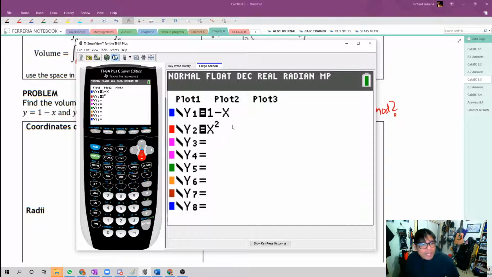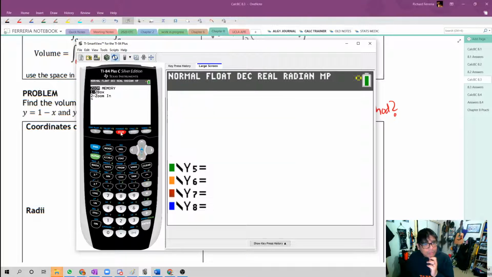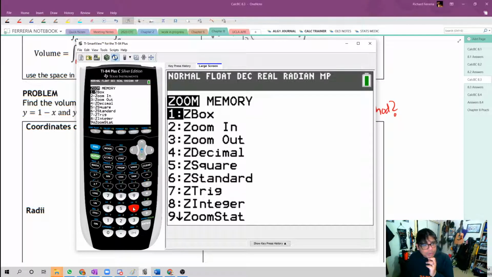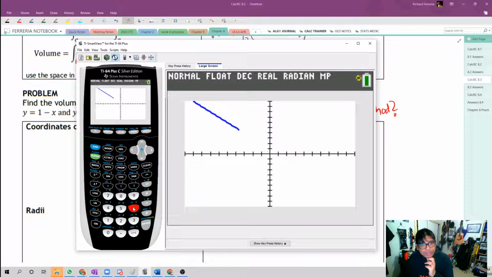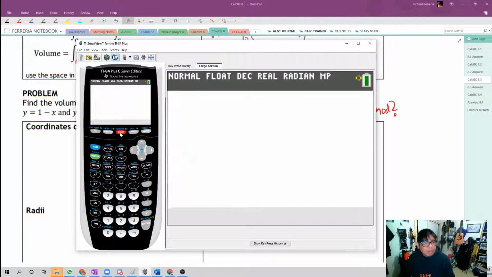We've got 1 minus x and x squared in our y equals menu. We'll start with zoom standard. We'll see how this goes. There's that diagonal line. There's y equals x squared. Ooh, okay. So we need the region that's bound by those two curves only. And that looks like this kind of a crescent shape here. I'm going to zoom box into it.